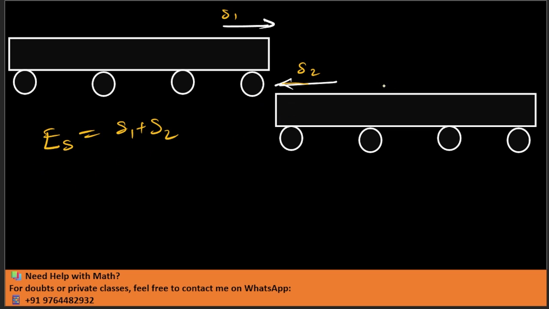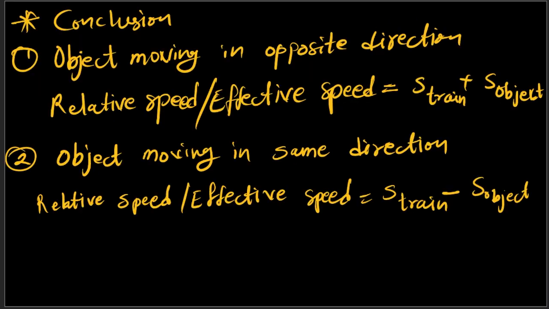And if this train is moving to this direction and this train has higher speed, I am taking here condition S1 greater than S2, so effective speed will be S1 minus S2.